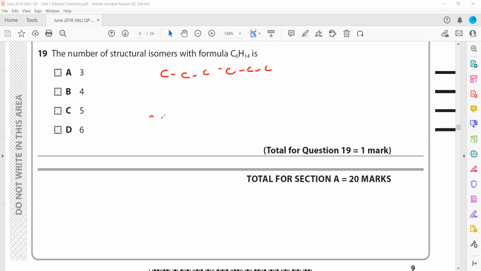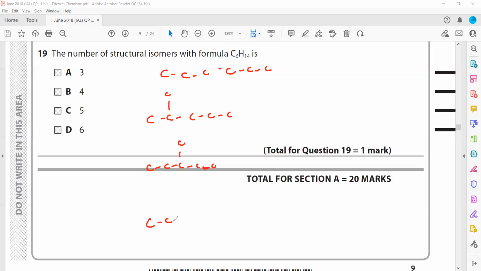Then there will be 5 in the chain, with one branch on the first one. Then 5 again, with one branch on the second, like the third one, sorry. This is the second one and this the third. I cannot put a branch on the right-hand side because it will be similar to the first.